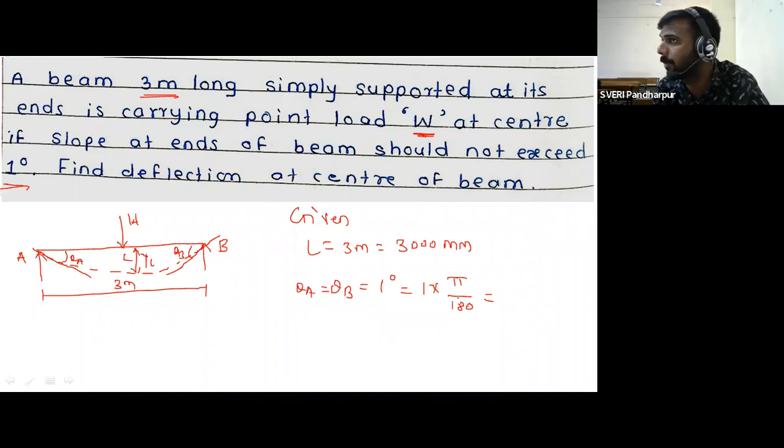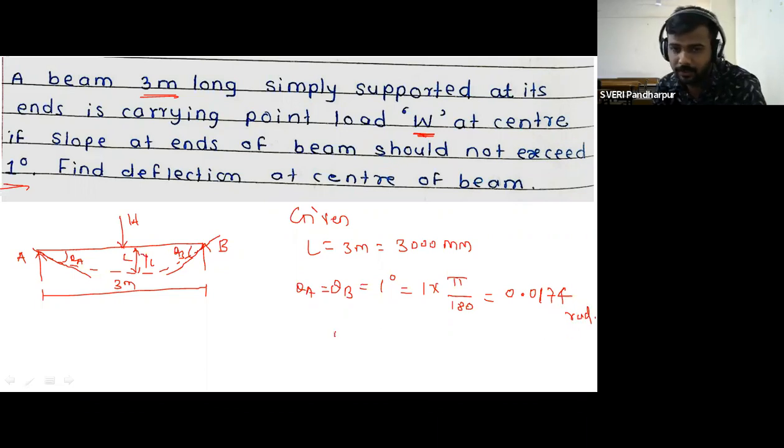Degree to radian multiply by pi by 180, and radian to degree multiply by 180 by pi. That is 0.0174. Take all the digits, at least for this radian to degree or degree to radian conversion. 0.0174 radian.